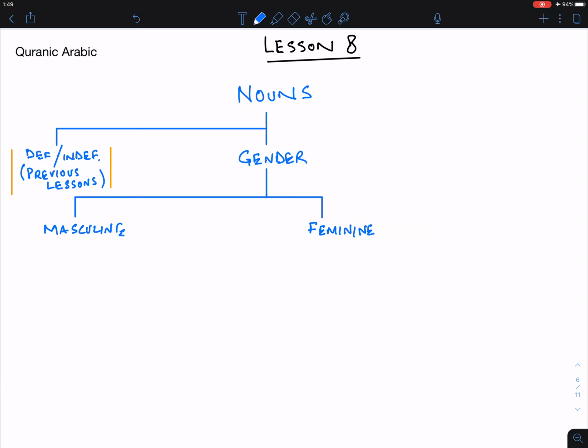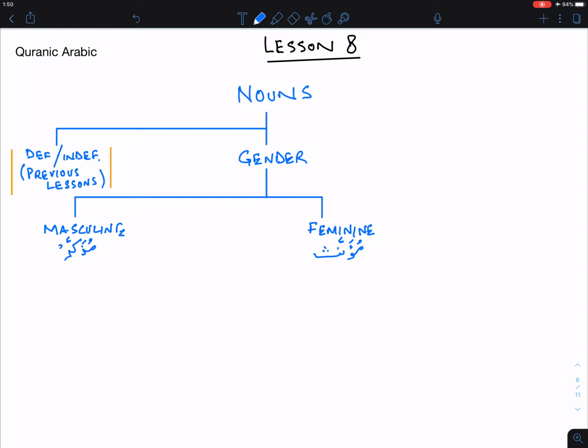And in case you want to know, in Arabic masculine is called mudhakkar and feminine is called muannath. Okay, mudhakkar and muannath. So now with that said, we will continue into the discussion on that.